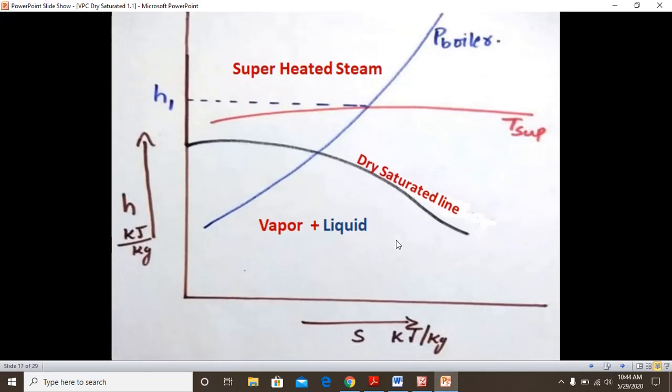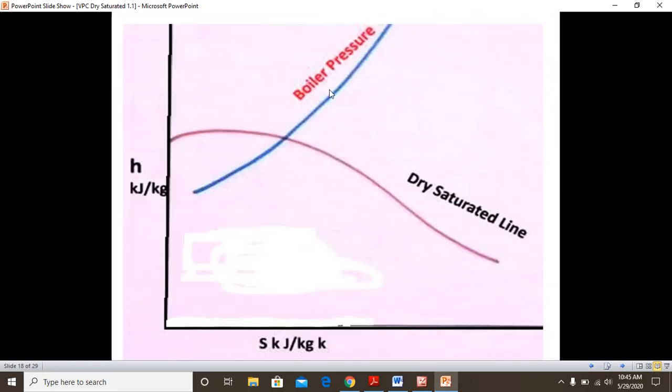This is how it comes. The superheated lines will be like this, the saturation temperature lines will be like this. This is the superheated point, this is the liquid plus vapor point, this is the dry saturated line. Okay, next.